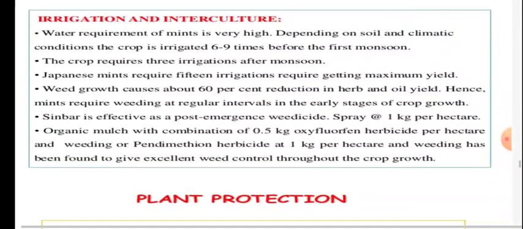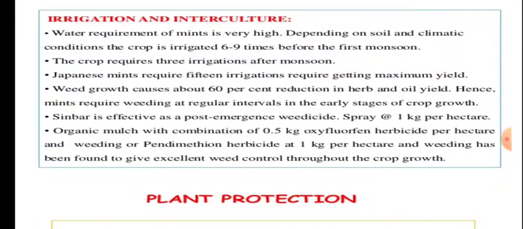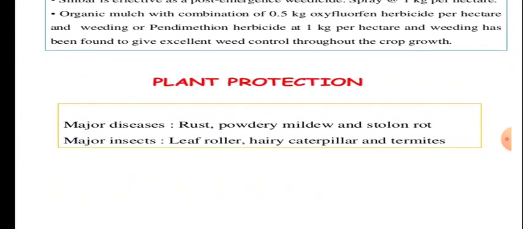Then in irrigation, depending on the soil type, 6 to 9 times watering is required before the monsoon, and it requires 3 irrigations after the monsoon. So 60% growth is based on the water.